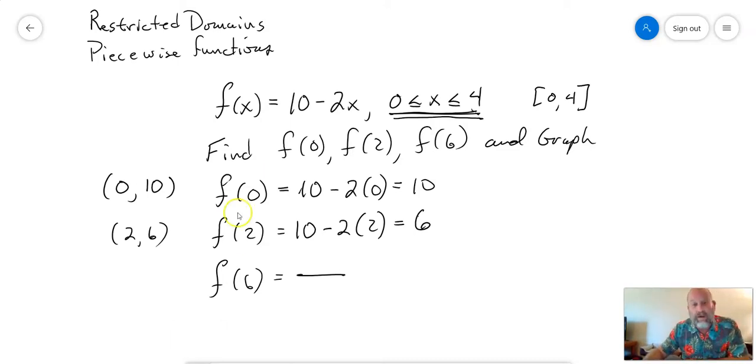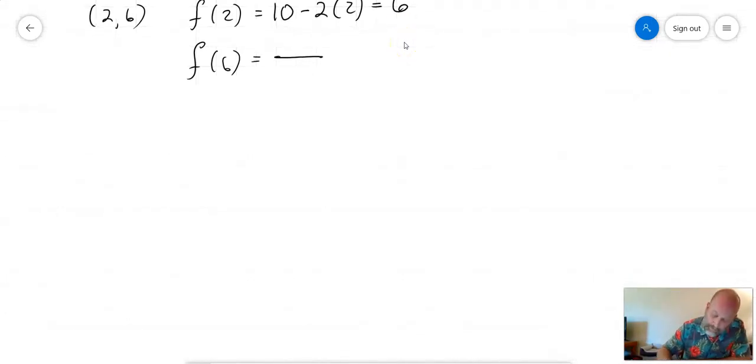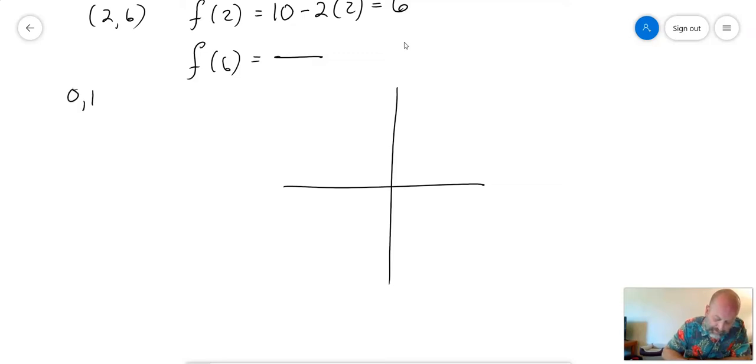Okay, so now we have to graph this guy. And so we can use the points we've already found. In fact, we already found the point (0, 10), which is a y-intercept. We also have the point (2, 6), which is just another point. And that's really all you need to be able to graph a line, but I want a little bit more.